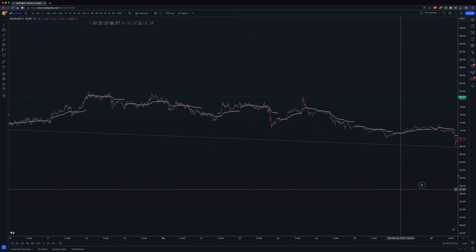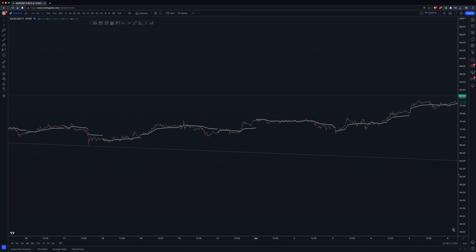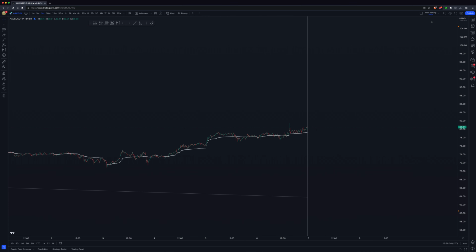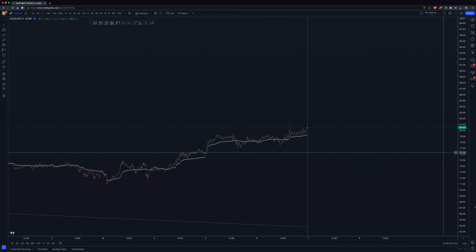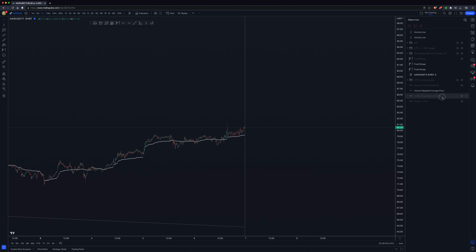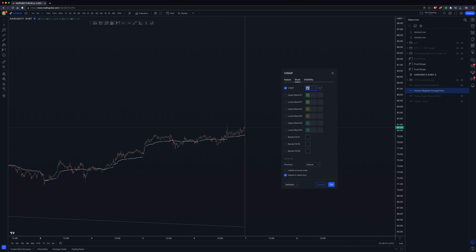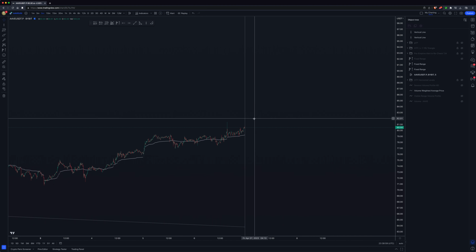Let's see if it's underneath it or not. Yes, actually it's being quite supported there a little bit. Yeah, it's decently underneath it.